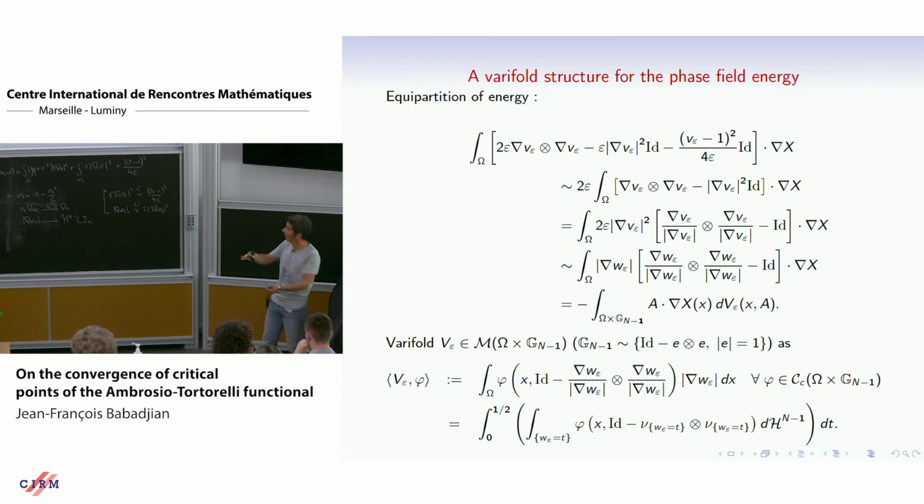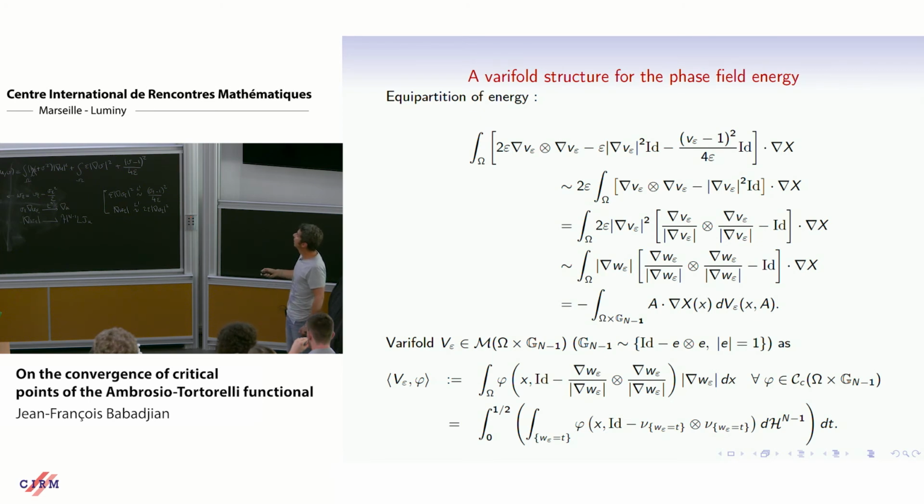So this is a tangent bundle which depends on x. I integrate it with respect to the measure mod grad W epsilon dx. Okay? So this is a varifold. This is such a measure. This is a definition.